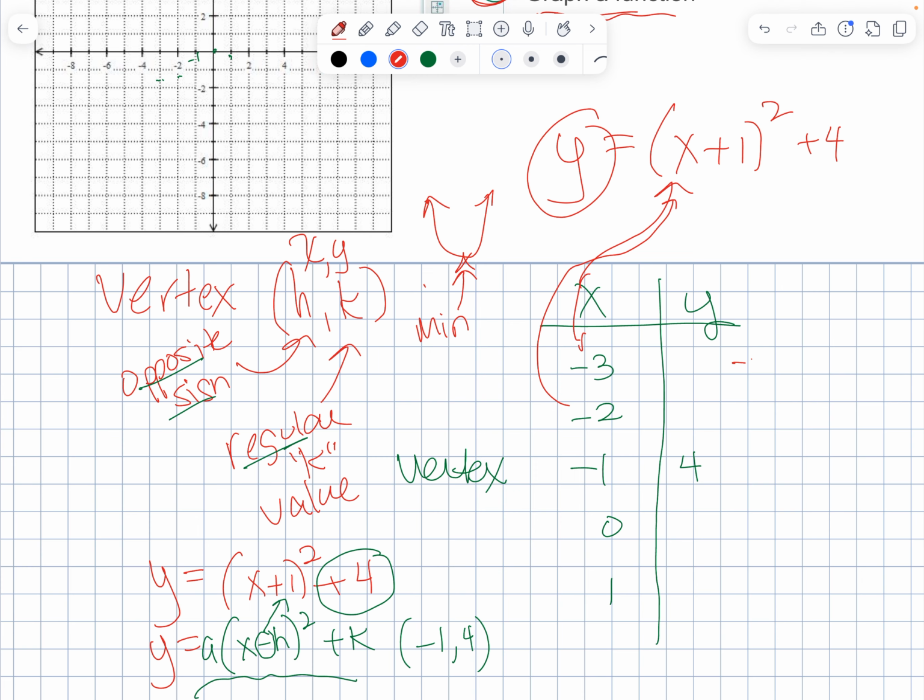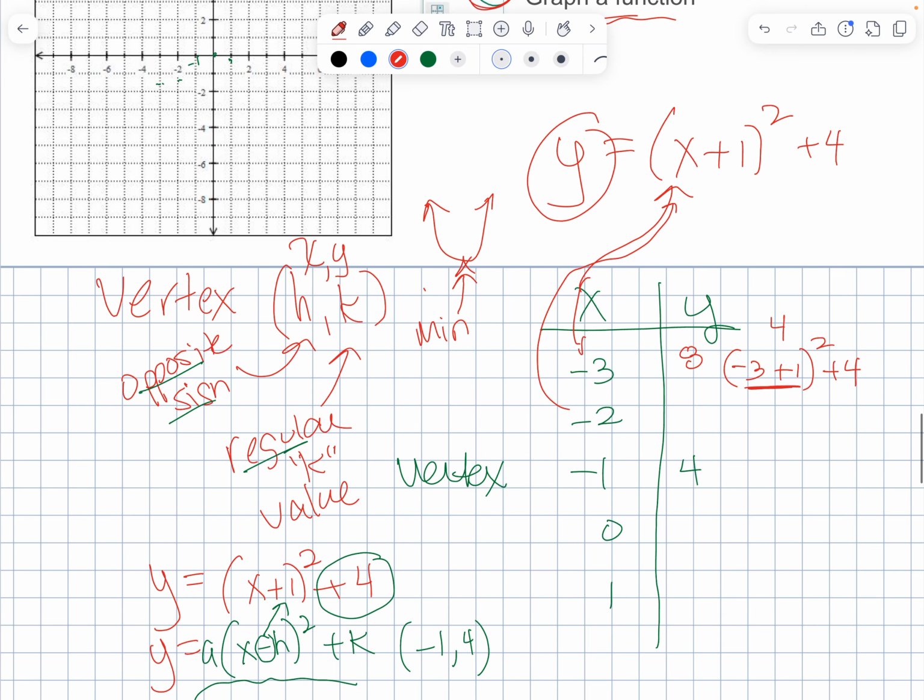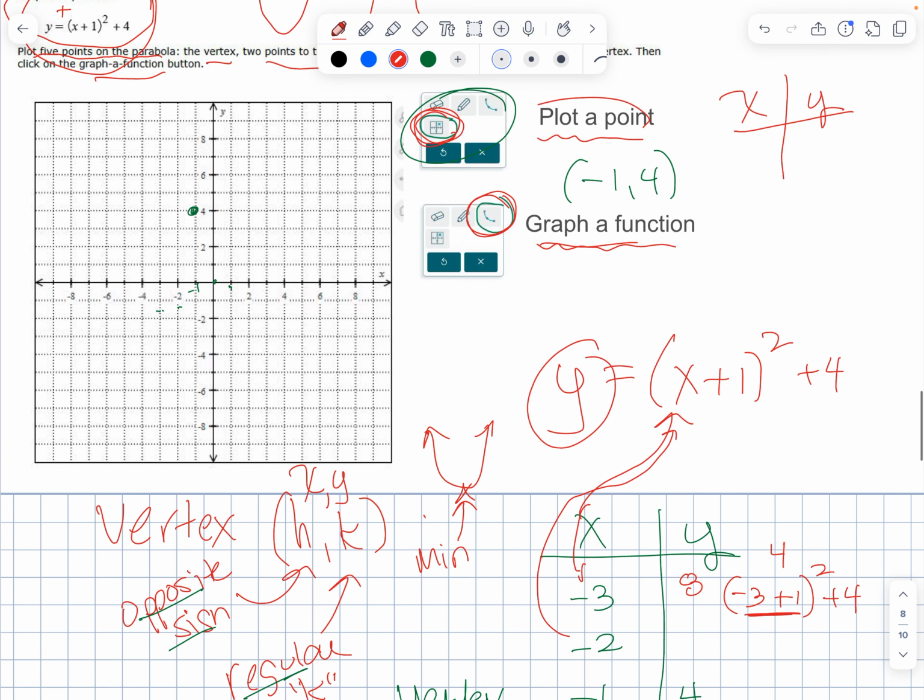So if we do (negative 3 plus 1) squared plus 4, that's going to give us negative 3 plus 1 is negative 2. Negative 2 squared is 4, and 4 plus 4 makes 8. So we could use our plot a point feature right here to type in negative 3 and up to 8.